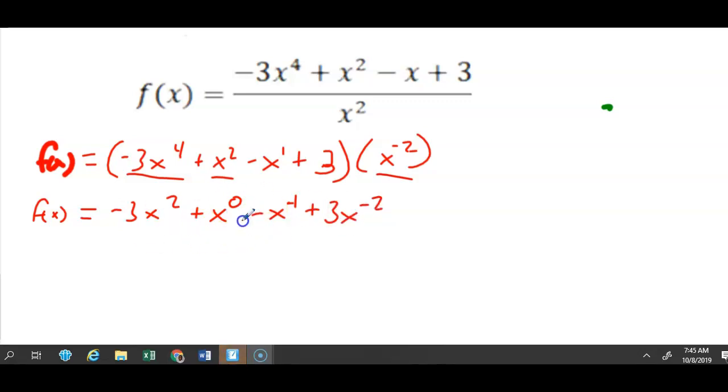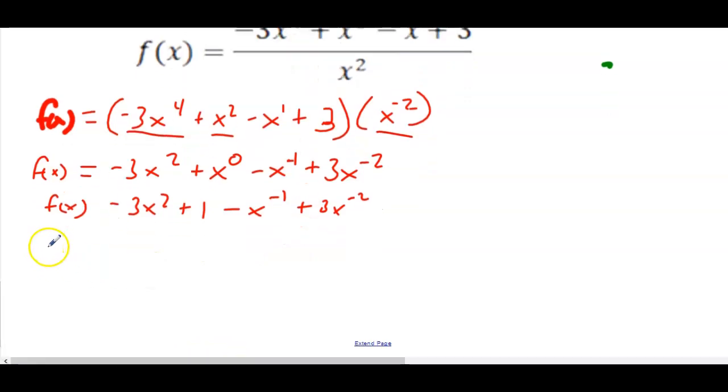Now, this right here, remember x to the anything to the 0 power is 1. So I'm going to rewrite this one more time, like that. Now I'm going to take the derivative. So for the derivative here, we're going to multiply this out front.